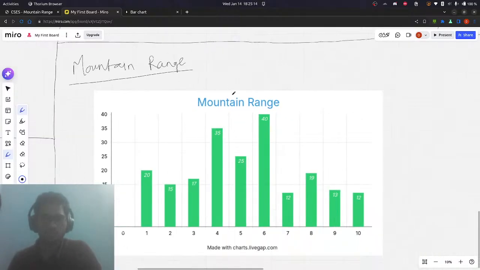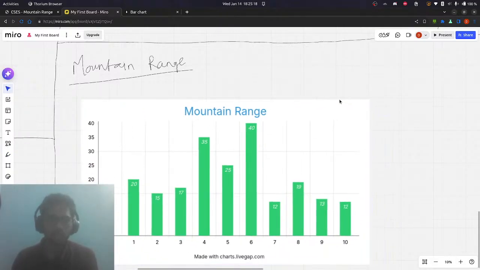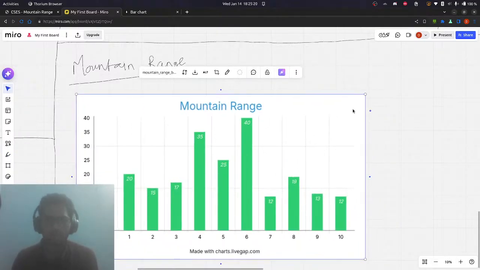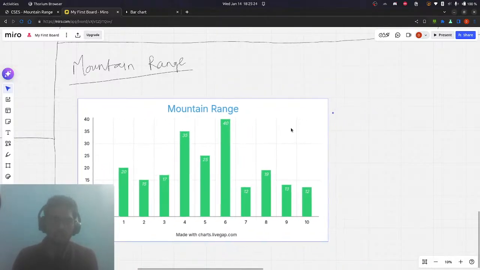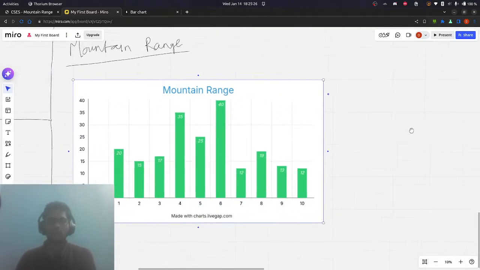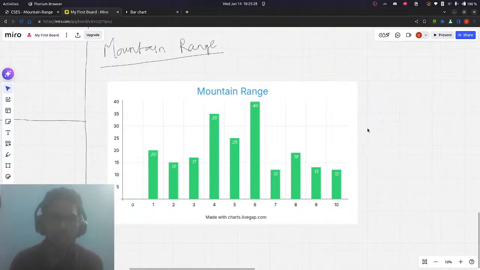Okay, this is the mountain range. And when solving this question, the first thing that comes to mind is we can try to solve this in n square.